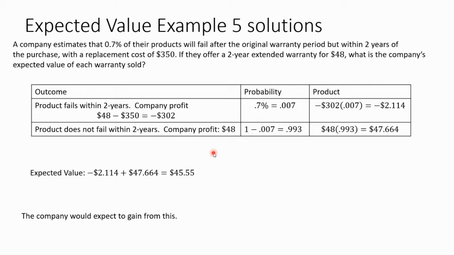In this case, the procedure would be selling each warranty for $48. Sometimes they're going to have to fix the product, so sometimes they will lose $350, but not always. But in the long run, each warranty will bring them about $45.55 profit, approximately.